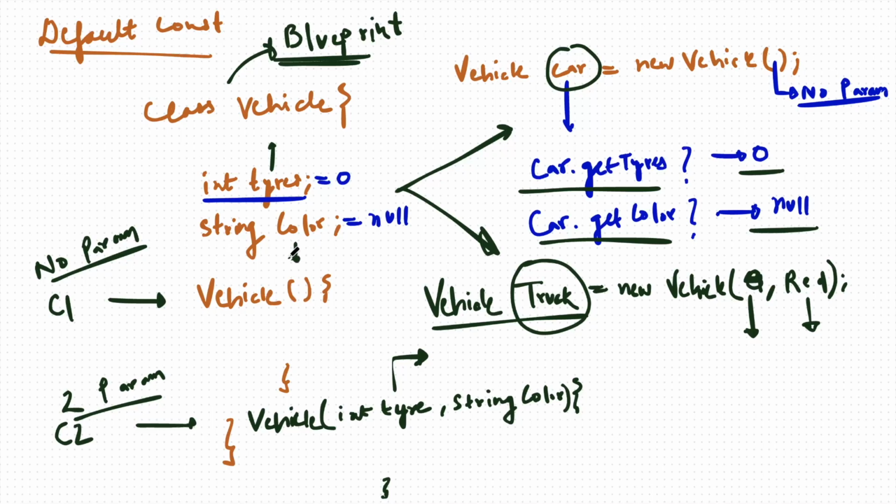So just like that, what flexibility does it give us? Now it gives us the flexibility that I can define any number of vehicles. I can define ship, I can define aeroplane, I can define bus, I can define a motorcycle. Whatever you want, you can define it right now. What you need to change? You just need to change the number of tires and the color.